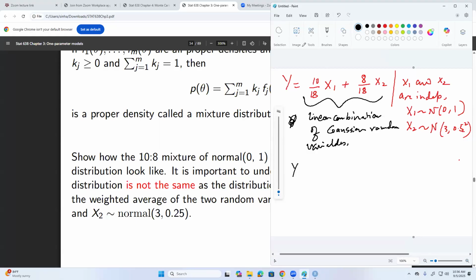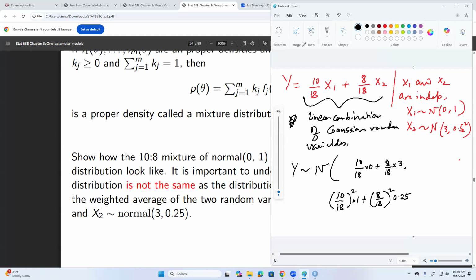So y follows a normal distribution with mean 10 over 18 times the mean of x1, which is 0, plus 8 over 18 times the mean of x2, which is 3. And the variance will be 10 over 18 squared times the variance of x1, which is 1, plus 8 over 18 squared times the variance of x2, which is 0.25.